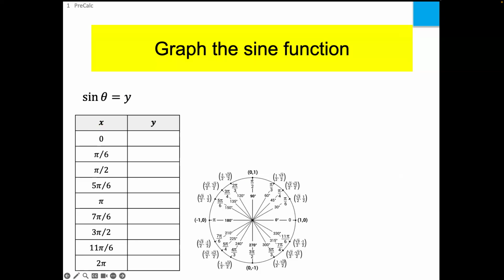Okay, so let's see. At 0, the y value is 0. At pi over 6, which is 30 degrees, that's a half. At pi over 2, the y value is 1.